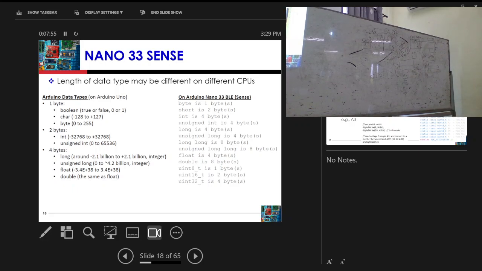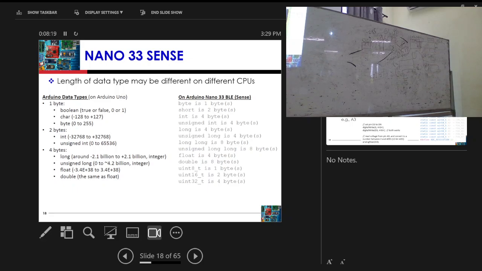You can use 1 byte for a Boolean, a character, and bytes. 2 bytes are for int and unsigned int. And 4 bytes are for long, unsigned long, and float. You know what all this means, right?